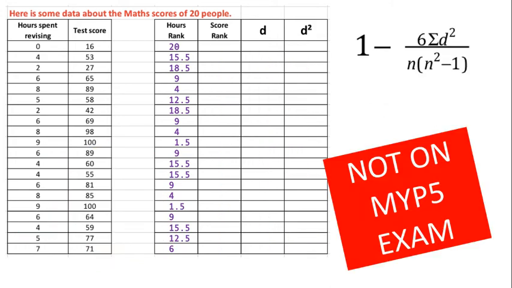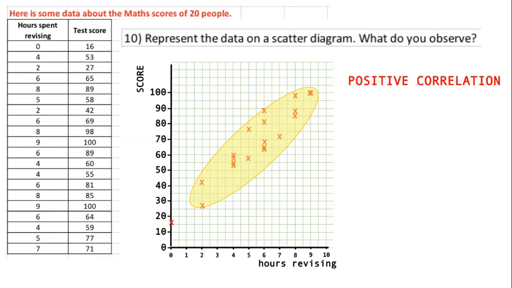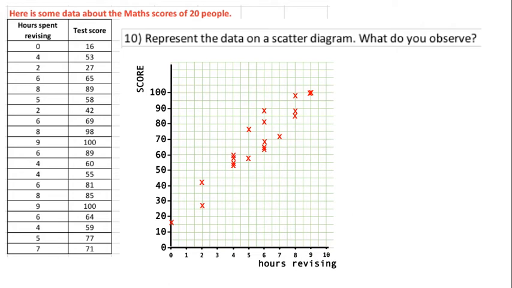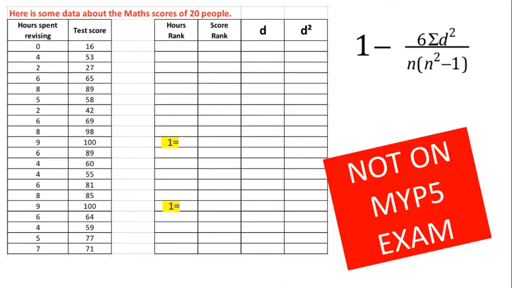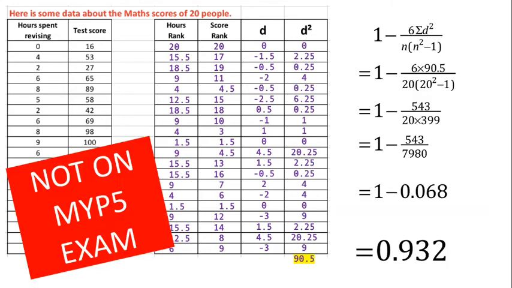And indeed, if we have another look at our scatter graph, that concurs with that they are very strongly positively correlated. And just to reiterate, the calculation of the correlation coefficient is definitely not on the MYP5 exam.